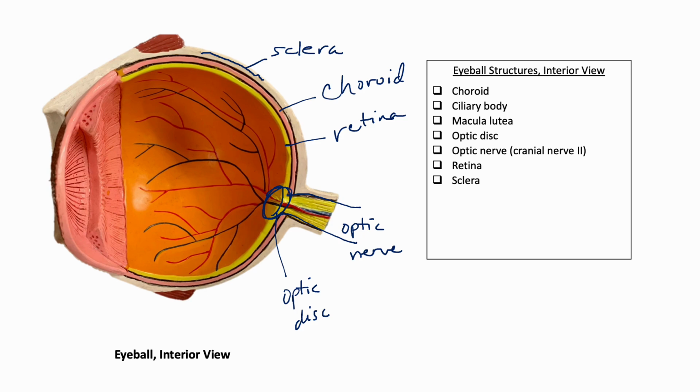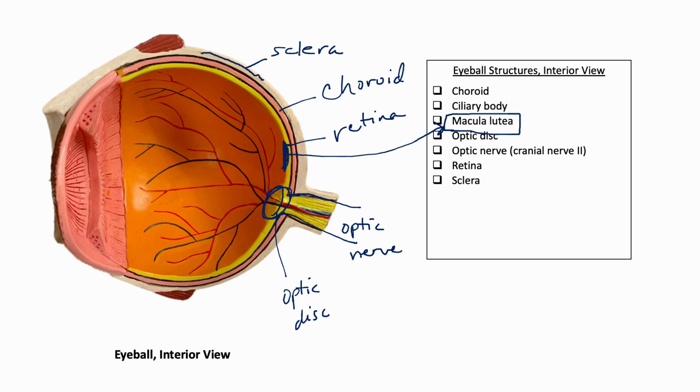So one other area that I want to point out. We have rods and cones along the retina. We've talked about that. But there is a specific area where the lens works to focus our light or our vision toward the back of the retina, about right here in this area. This is the macula lutea. That's the area where the majority of our cone cells are located.